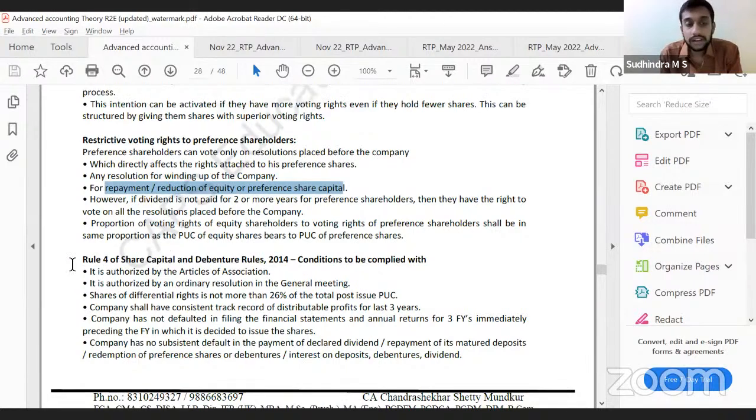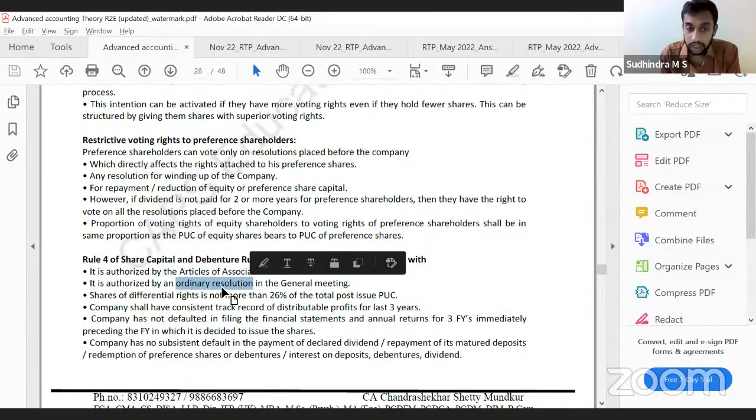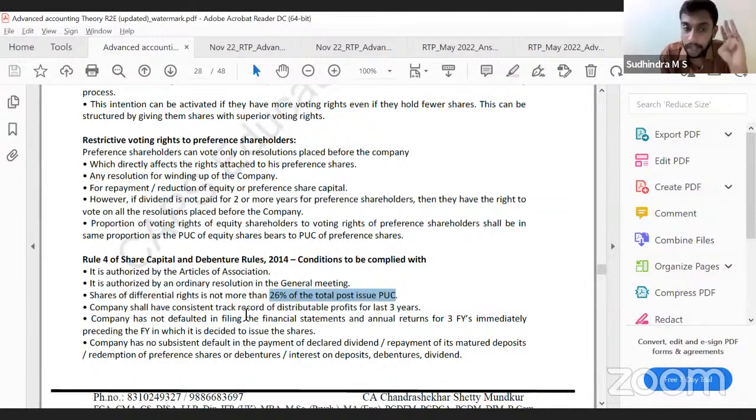Now, there is Rule 4, which talks about the conditions to be complied with at the time of allotment of shares with differential rights. Again, it must be authorized by the articles and an ordinary resolution. Shares with differential rights cannot be allotted for more than 26% of the total paid up capital; out of the total paid up capital, 26% max. The company shall have a consistent track record of distributable profits for the last 3 years. The company has not defaulted in filing financial statements and annual returns for 3 years.